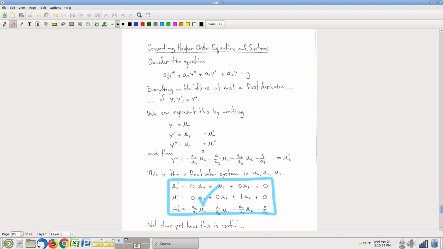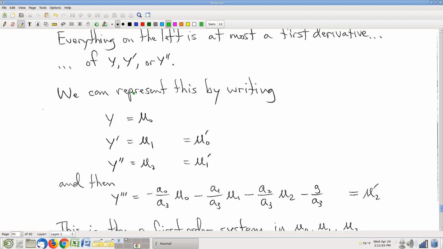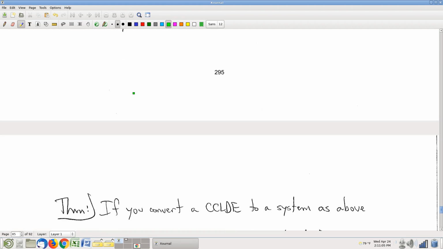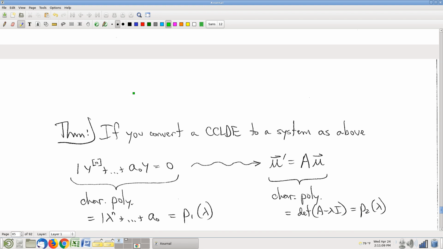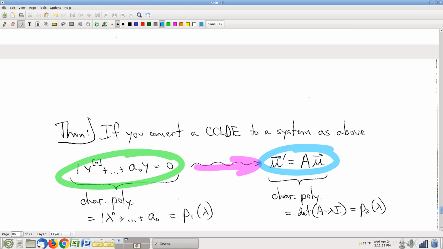All right. Now, next observation I want to make, this is a really surprising fact. This almost seems implausible. So, suppose you take a Chapter 4 style equation, homogeneous, and suppose you convert it into a chapter 6 style system, also homogeneous, of course, as described on the previous page.